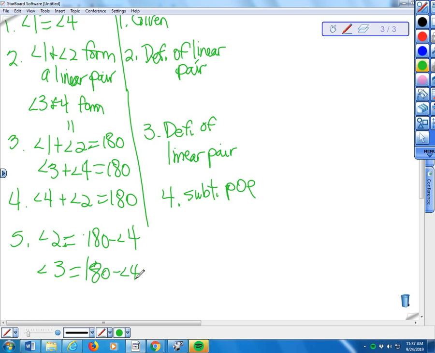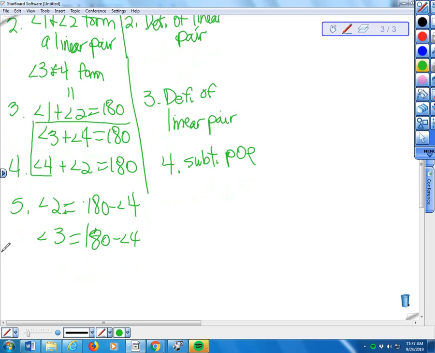They both have 4 in them. So because 2 and 3 are equal to the same thing, by the transitive property, angle 2 has to equal angle 3. This is the subtraction property, the reason I subtracted angle 4 from both. Then step 6, angle 2 is congruent to angle 3 because of the transitive property.